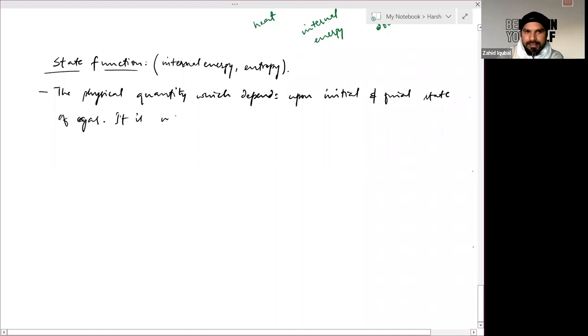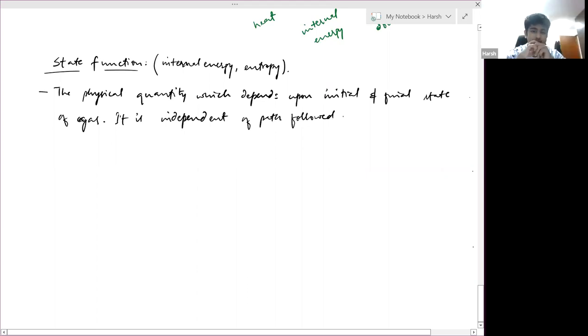It is independent of the path followed by gas.